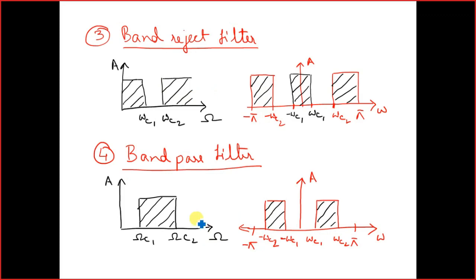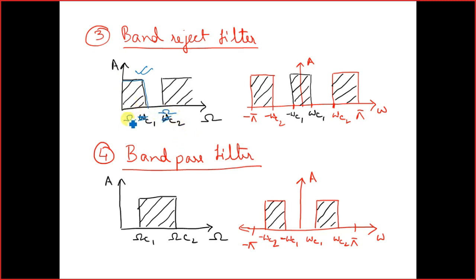Now, our next thing is the band reject filter. So the band reject filter is basically a combination of a low pass filter and a high pass filter. In the analog domain, if you see, we are having a low pass filter. Sorry, this is not this omega, this will be this omega.